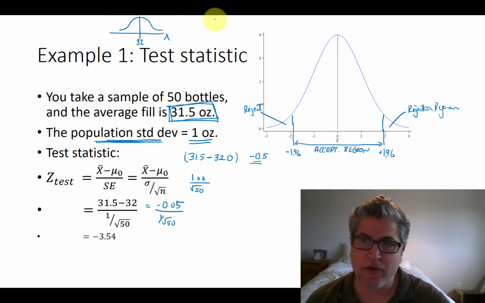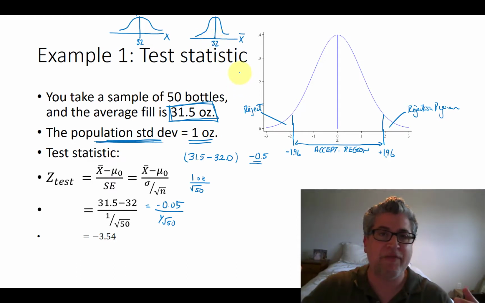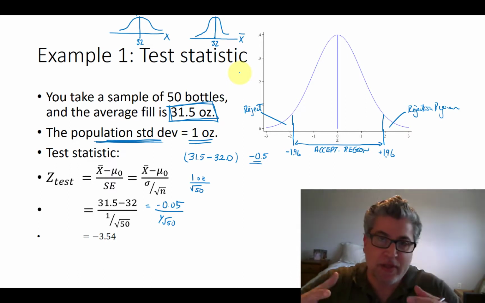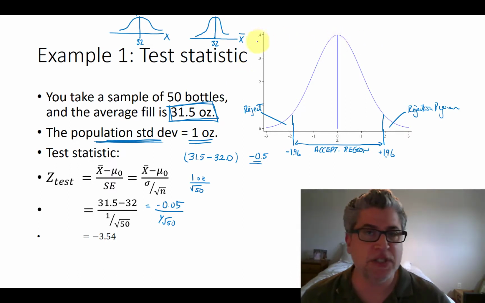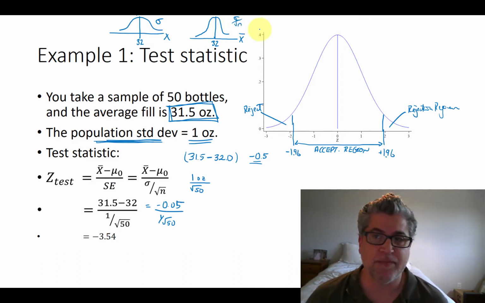Now from that, you can think about what the distribution of averages would be. You could look at the distribution of x bars. And if everything is working properly, it would still be filling 32 on average. But since you're averaging 50 bottles' worth, the spread on x bar is going to be much tighter. The standard deviation of x bar is equal to the standard deviation of x divided by the square root of 50.